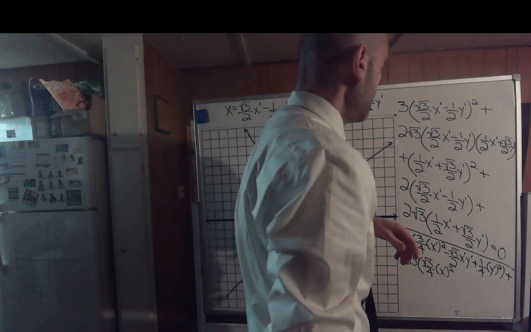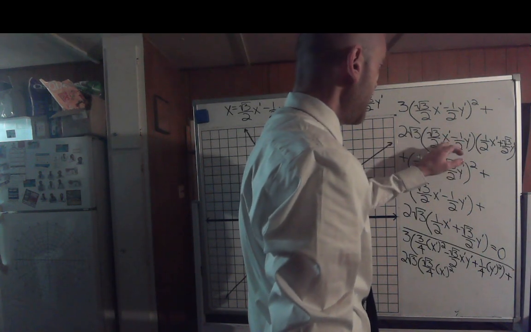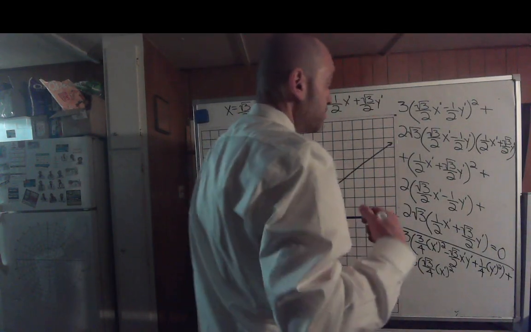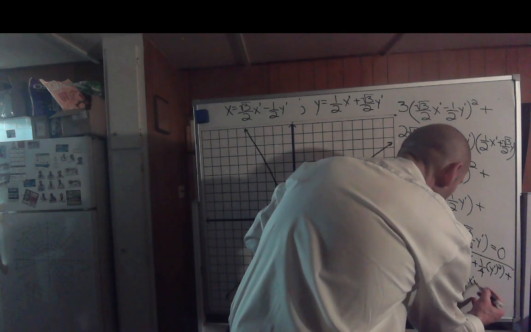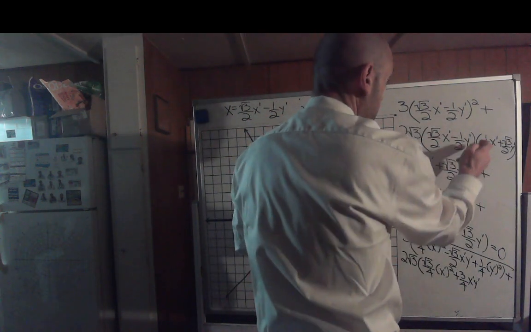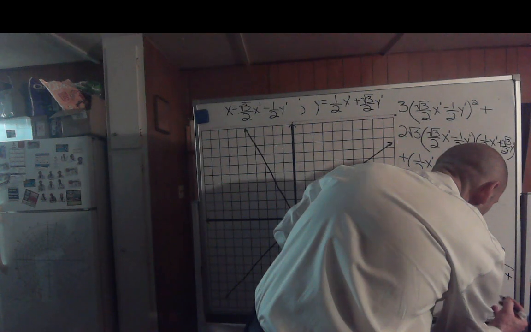Now let's see, so square root of 3 over 2 x prime times square root of 3 over 2 y prime, that'd be 3 over 4 x prime y prime. And then negative 1/2 y prime times 1/2 x prime, that'd be minus 1/4 x prime y prime.